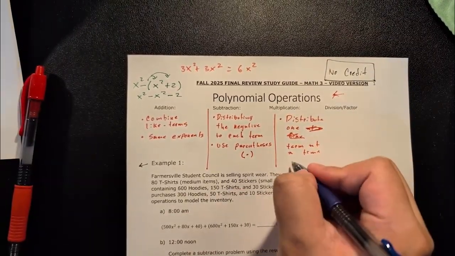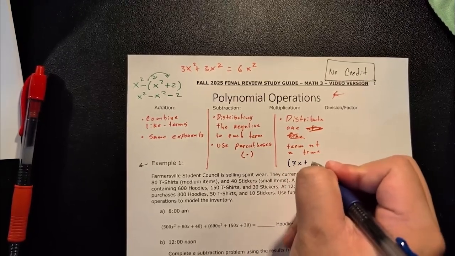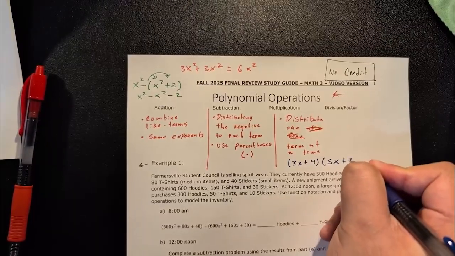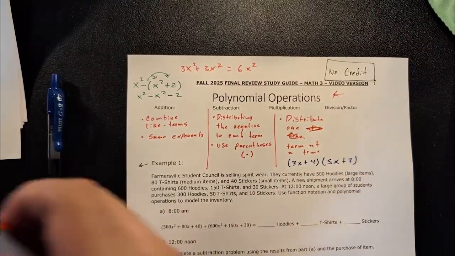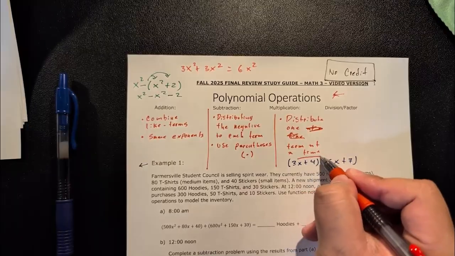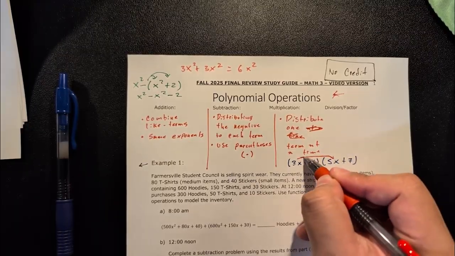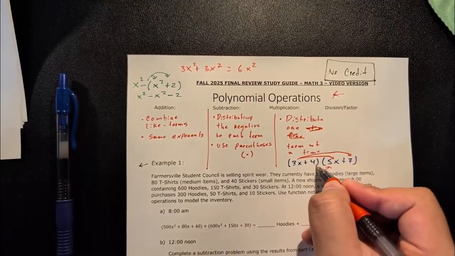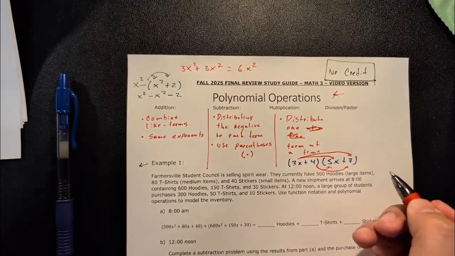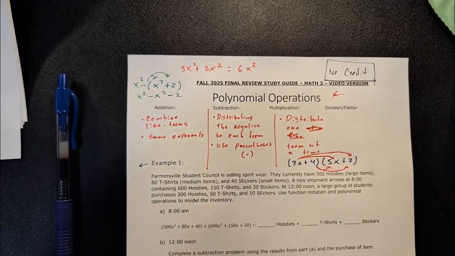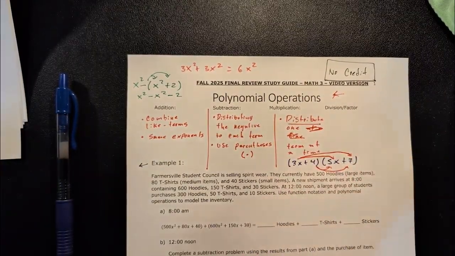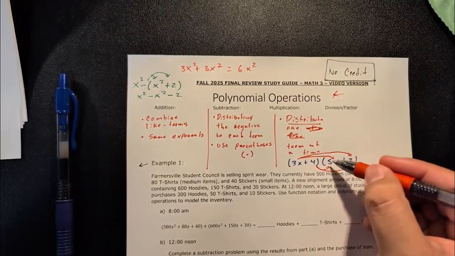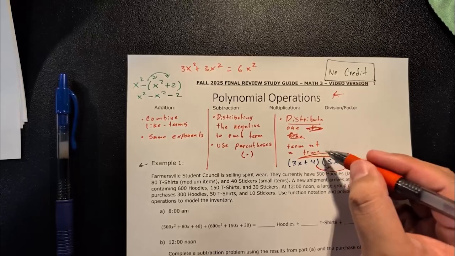If we have something like 3x plus 4 and 5x plus 7, I want to distribute the 3x with the 5x, then the 3x with the 7, and then the 4 with the 5x, and then the 4 with the 7. When we talk about distributing, it's always multiplication. We'll get into some problems going over distributing, but let's keep that in mind.